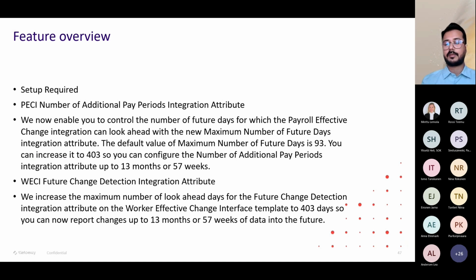And the number of additional pay periods would be 13 months or 57 weeks. This is a very good update for all of our customers, and I'm very sure that we will be using it a lot. The same has changed in the VG as well. Even in VG, we have increased it to 13 months or 57 weeks of data in the future.